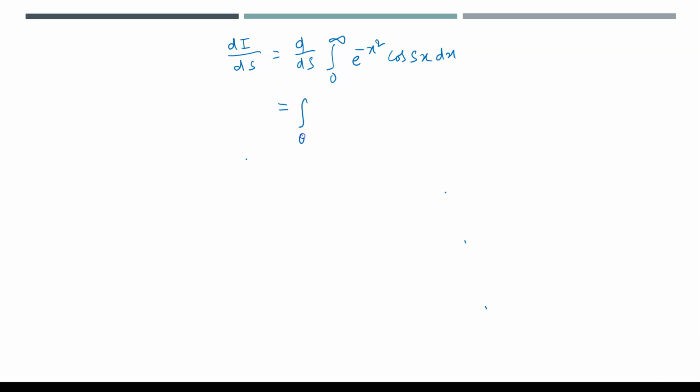That means here integral 0 to infinity e power minus x square into partial derivative with respect to s of cos sx dx, by Leibniz rule.